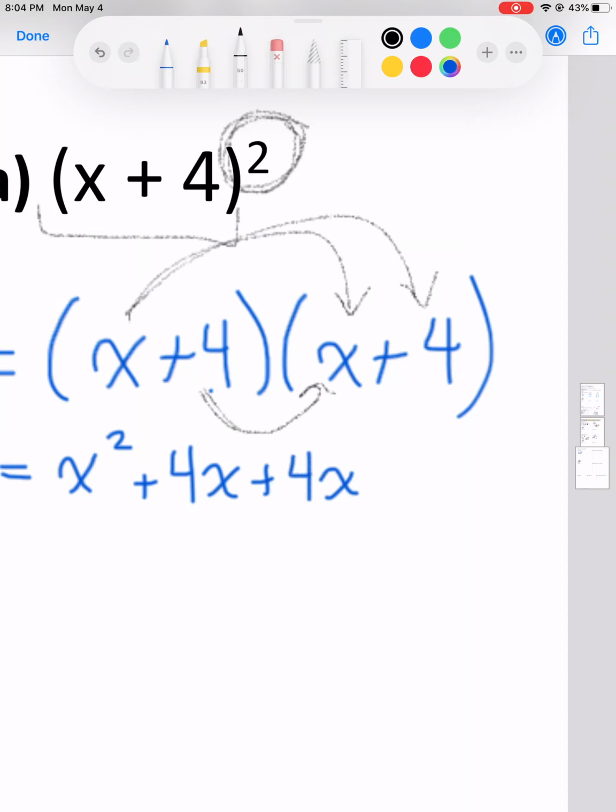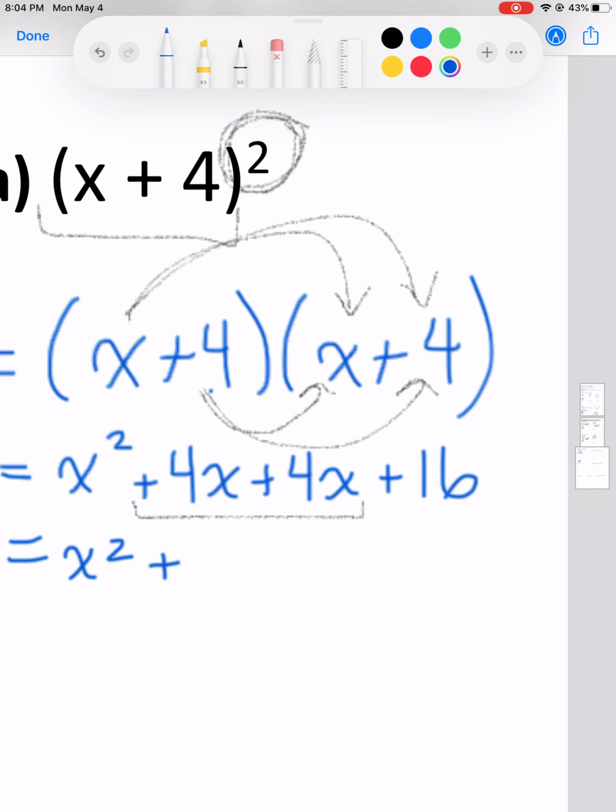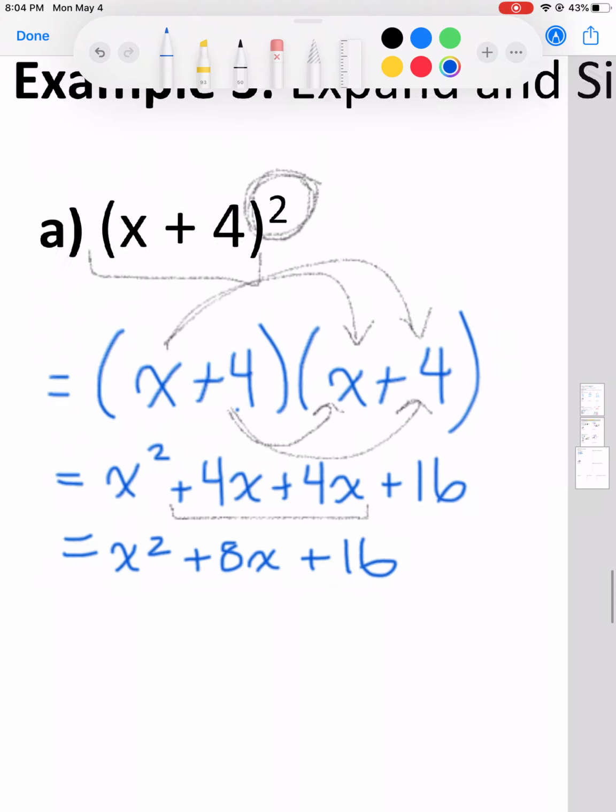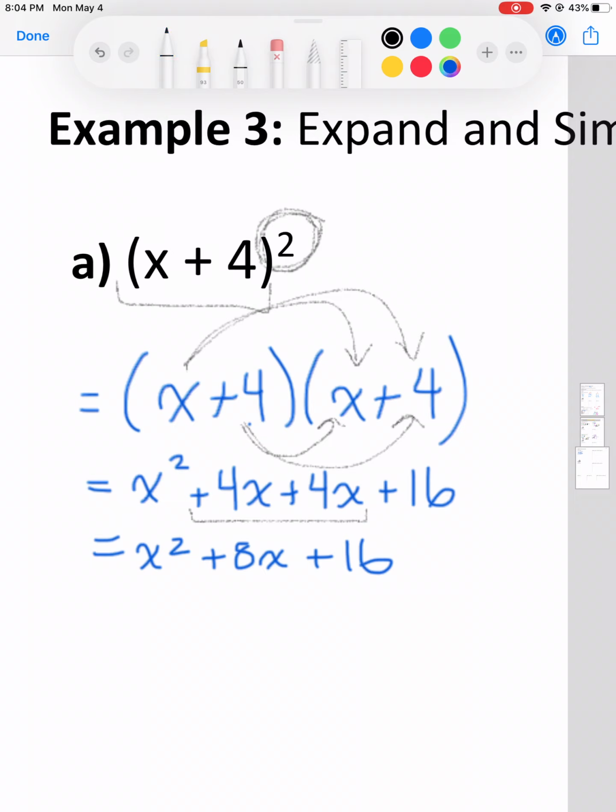And 4 times 4 is 16. Let's collect like terms. Voila. That's it. All she wrote. Not bad, eh? There's just 2 of them.